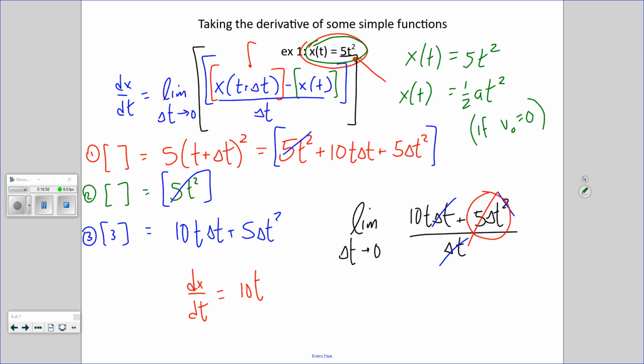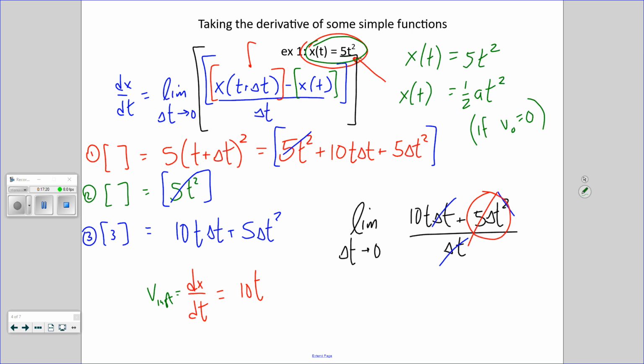So if v naught is 0, 1/2 a could be 5. And notice that v instantaneous is defined to be that instantaneous rate of change of the position function, and that says 10t.